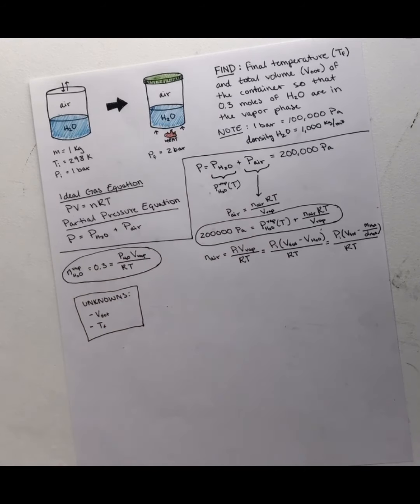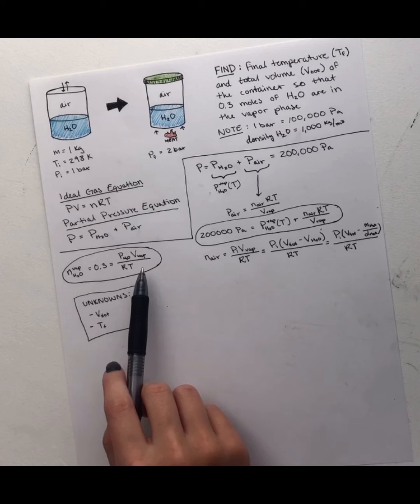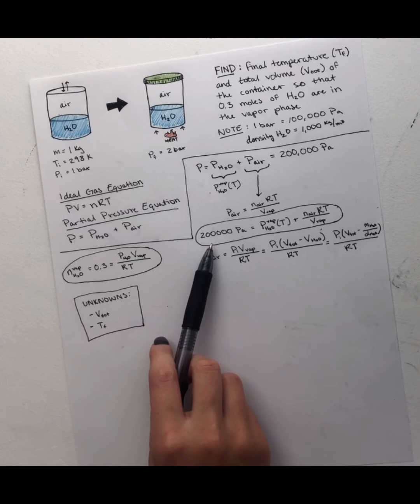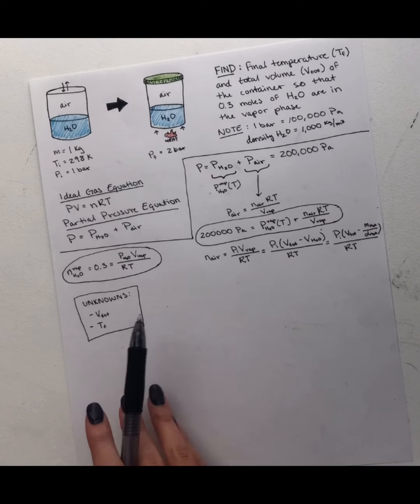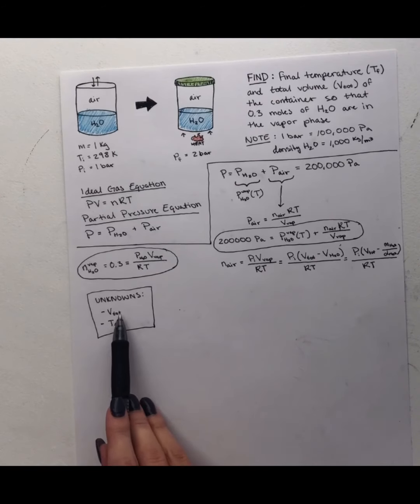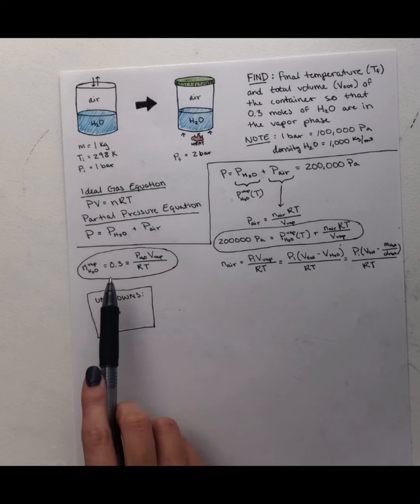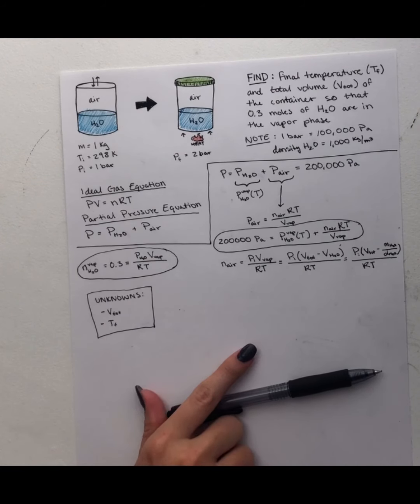So what we're going to do using Python is use these two equations and have these two variables as unknowns and make a code that allows us to solve for the unknowns so that we have 0.3 moles of water in the vapor phase.